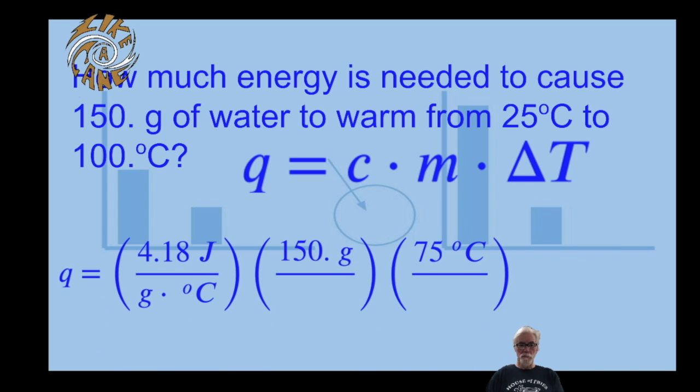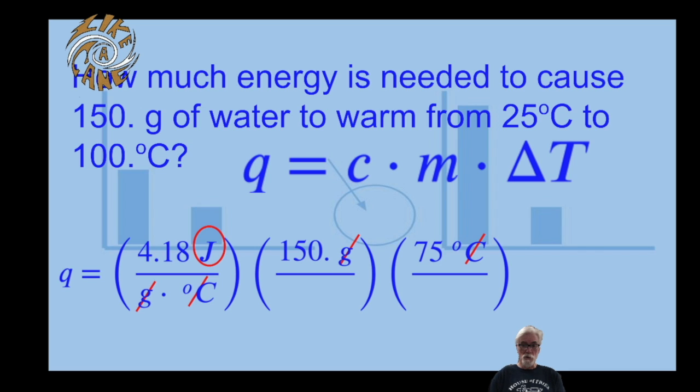So now let's put some numbers to this. For water, 4.18 joules for every gram for every degree C is the heat capacity. We had 150 grams, so that's the mass. And from 25 to 100 degrees C, that's 75 degrees C, so that gives us our delta T. And when we do our arithmetic, grams and degrees C are going to drop out.